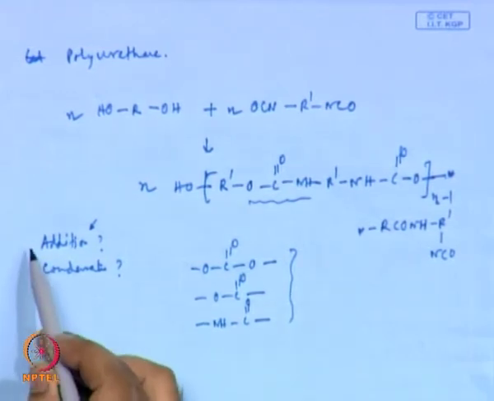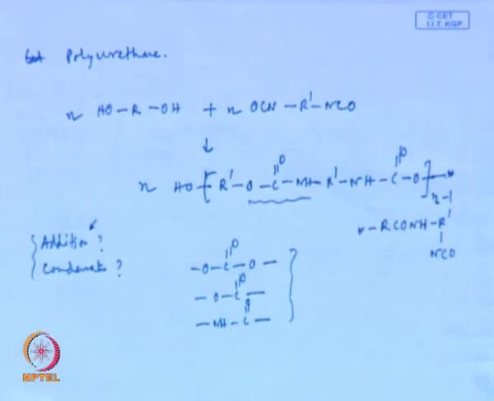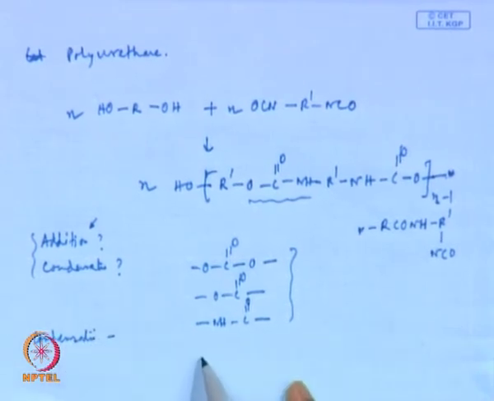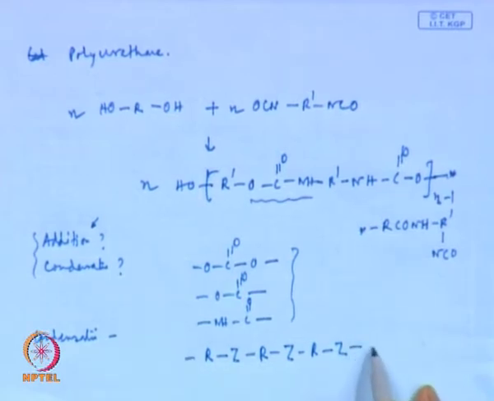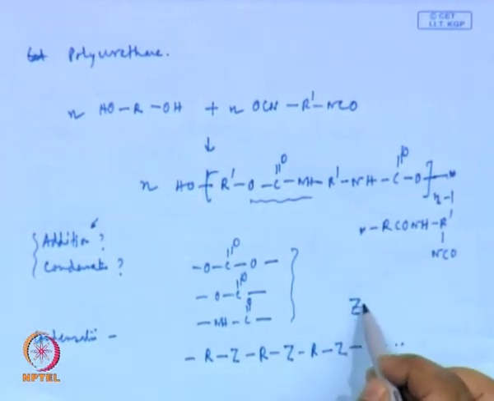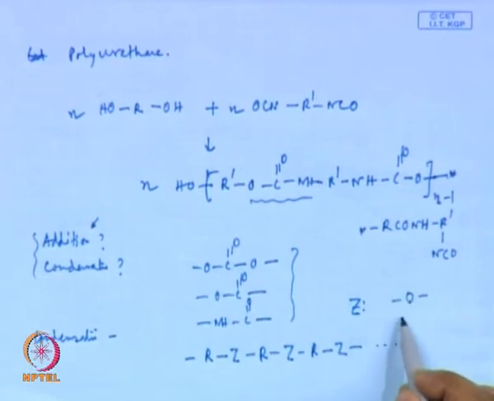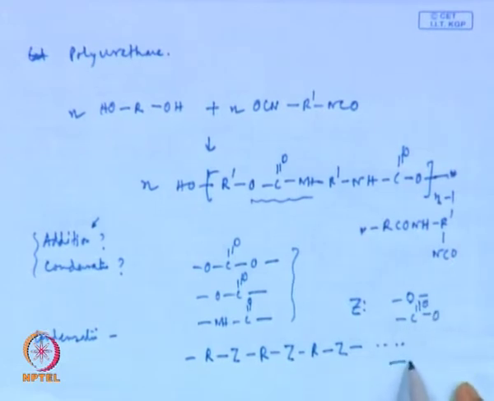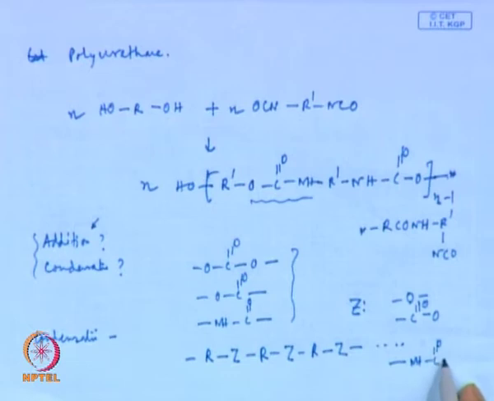So, the original definition of addition and condensation polymers is modified, and now condensation polymers are polymers where you have a functional group like this Z in the backbone, where Z could be oxygen, ether, ester, amide, any of these things.